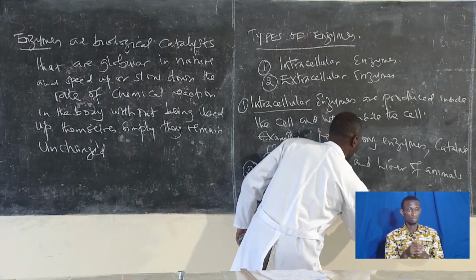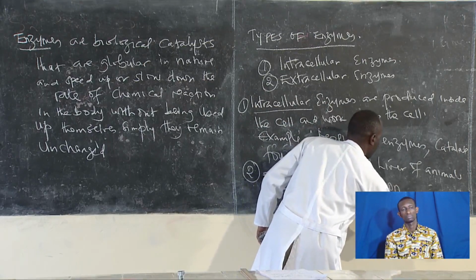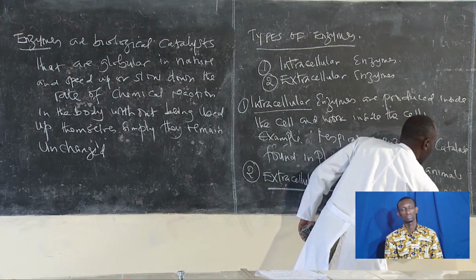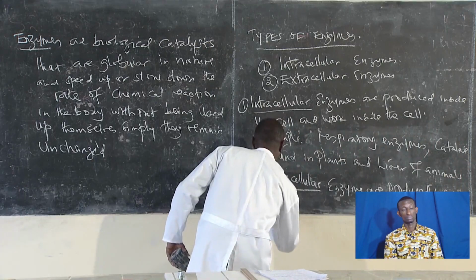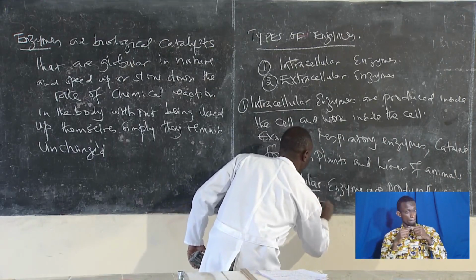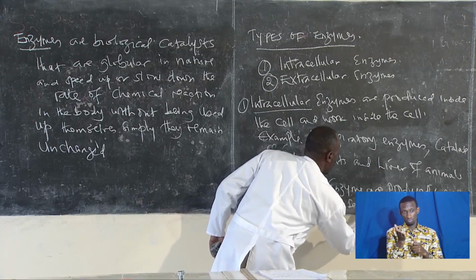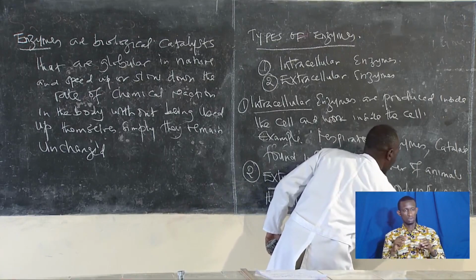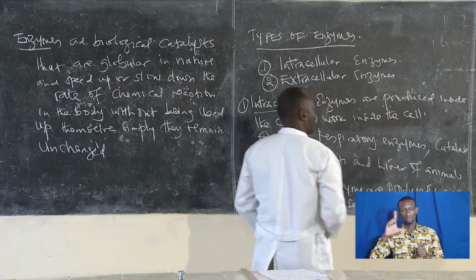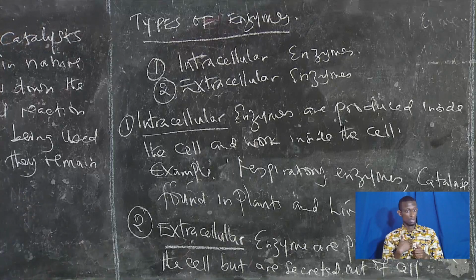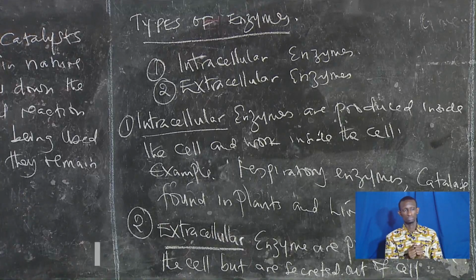These are enzymes that are produced inside the cell, but are secreted outside of the cell. All right? Let's have the examples of extracellular enzymes.